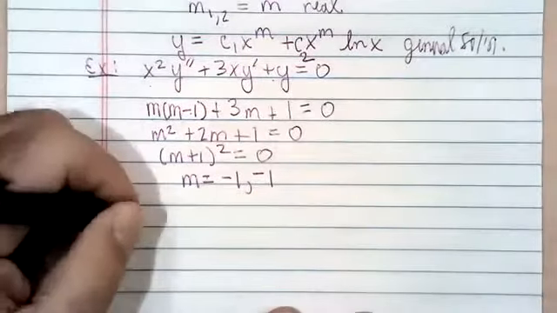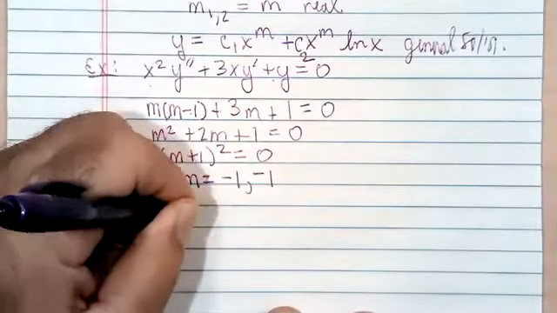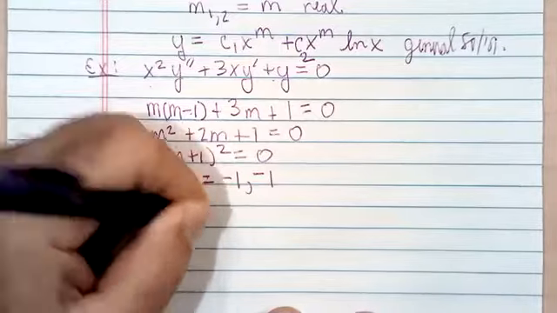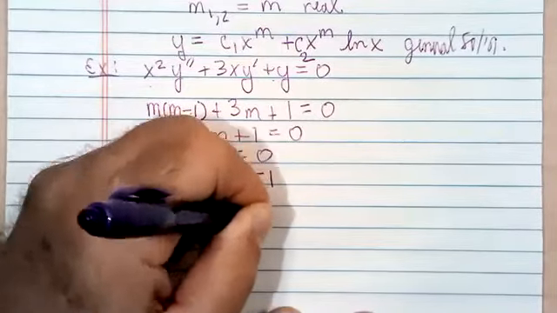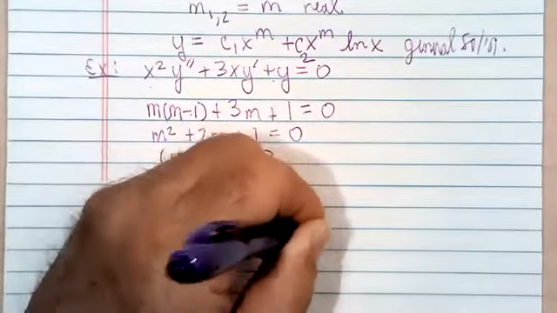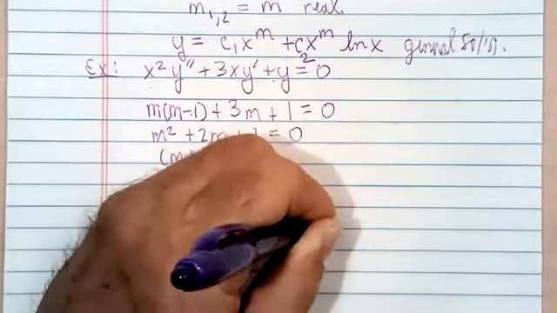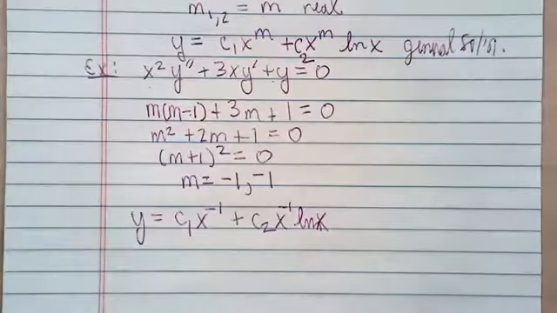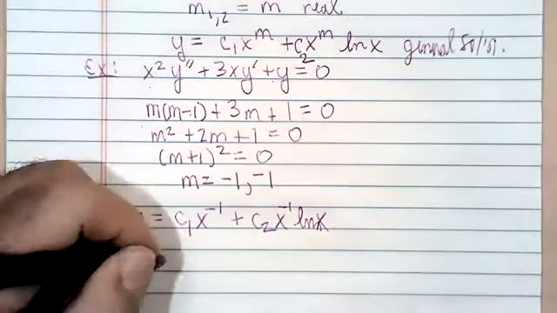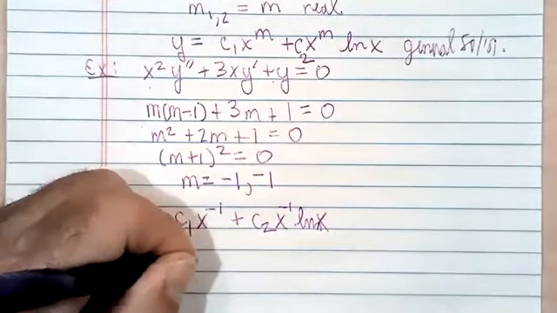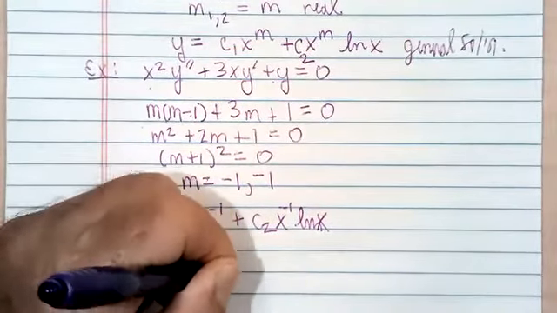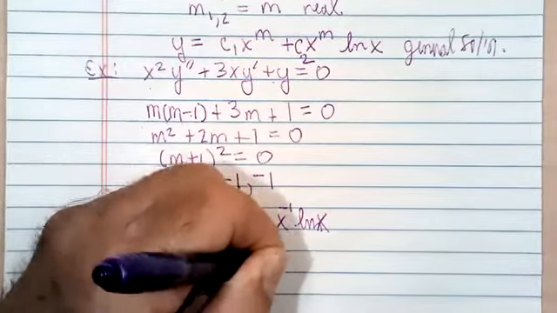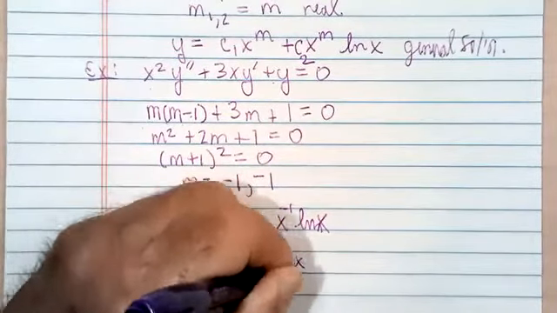Okay, so if I follow the recipe, y equals c1 x to the minus 1 plus c2 x to the minus 1 log x is the general solution. Or if you prefer to write it this way, c1 over x plus c2 log x over x.